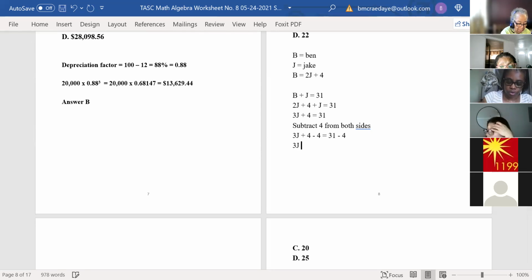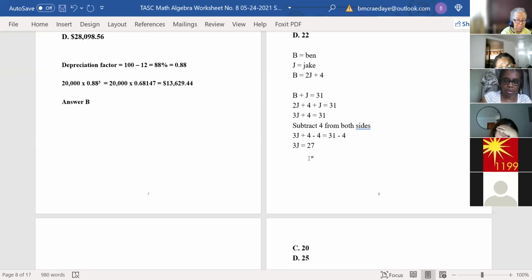And what do you get on the right? 31 minus 4 is 27. Okay, so you cross out the 4. On the left side you have 3J left. You bring down the 27.